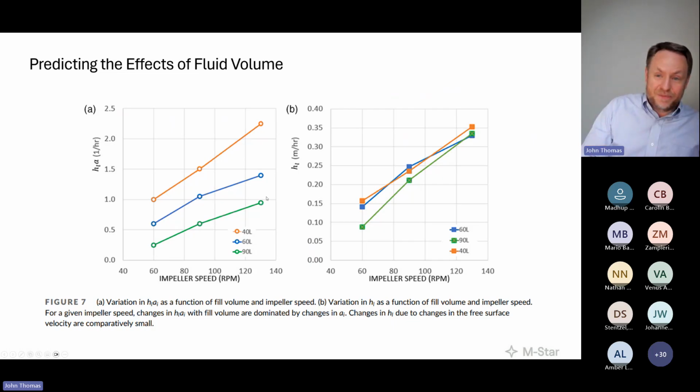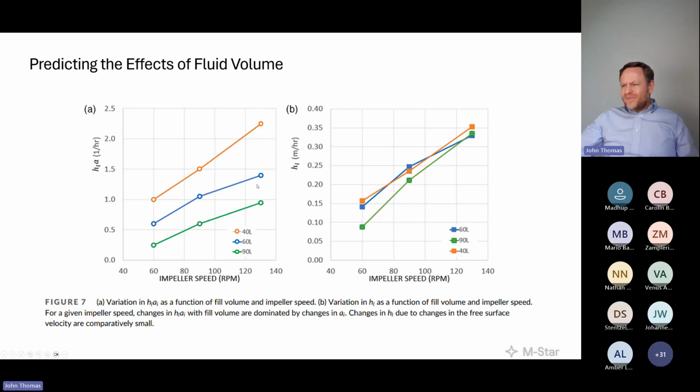And this is interesting because as we change our fill levels here, which is not earth shattering, but kind of obvious after the fact, if we're changing our fill volume as we scale up or scale down, we're going to have this kind of knob here that's changing how much oxygen is actually arriving inside the cells to supplant whatever might be coming from the sparged gas.